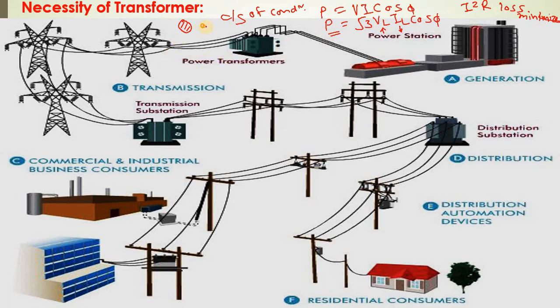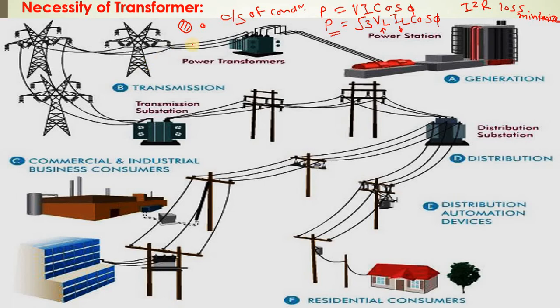So with a decrease in the conductor cross section of the transmission line, the requirement for the mechanical structure, that is the tower, will get reduced.